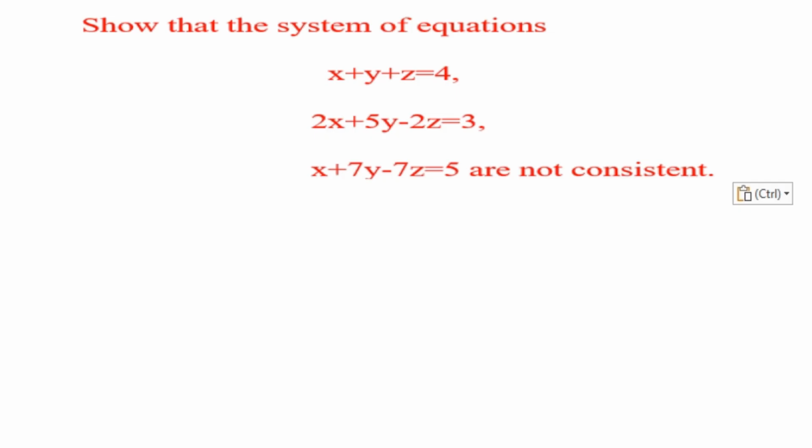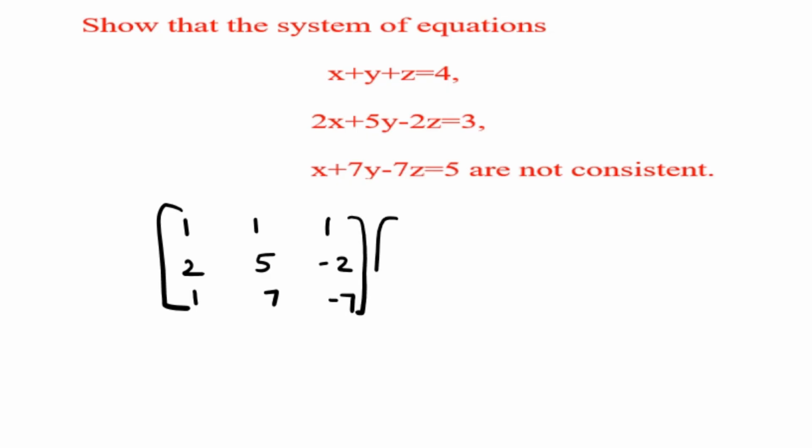Now, first of all, we will write these equations in matrix form. The matrix form is: 1, 1, 1; 2, 5, minus 2; 1, 7, minus 7, multiplied with x, y and z, equals 4, 3 and 5.